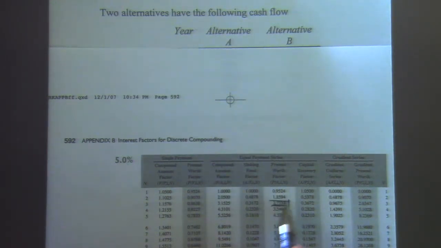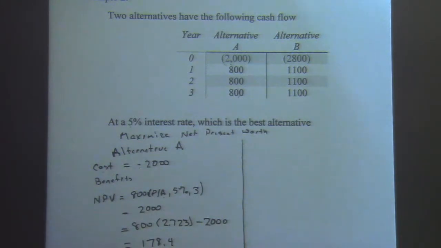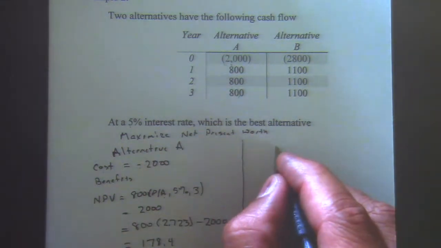So our multiplier is 2.723. Therefore, the net present value of this investment is 800 times the multiplier of 2.723 minus the $2,000, to give us a net present value of $178.04. That's how much this alternative A is worth in today's money. Okay, doing the exact same thing with alternative B.